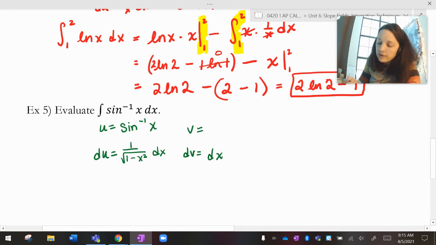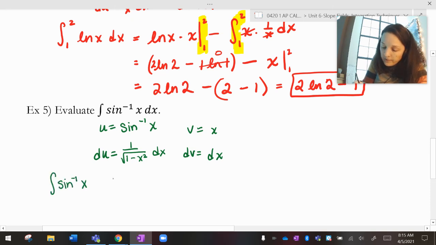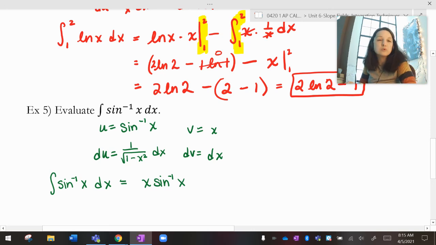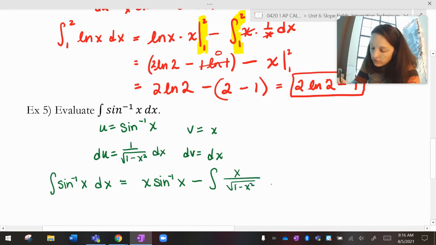And then the antiderivative of dx is just x. So the integral of u dv equals u times v. I said it and wrote it backwards just because I want the x in front. u times v minus the integral of v du.